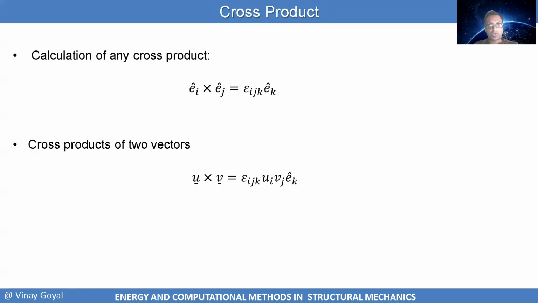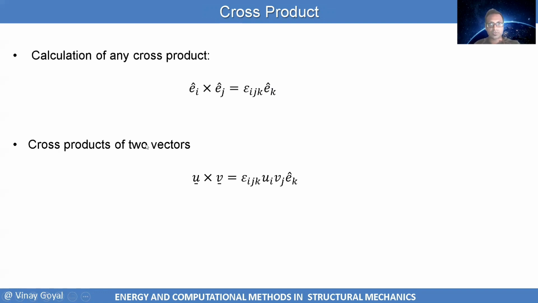For the calculation of a cross product, if I have e_i hat and e_j hat, the cross product will give you epsilon_ijk and you will have e_k hat. So the cross product of two unit vectors gives you the third vector, and that vector is perpendicular to these two vectors. And here this symbol comes into play, the permutation symbol.